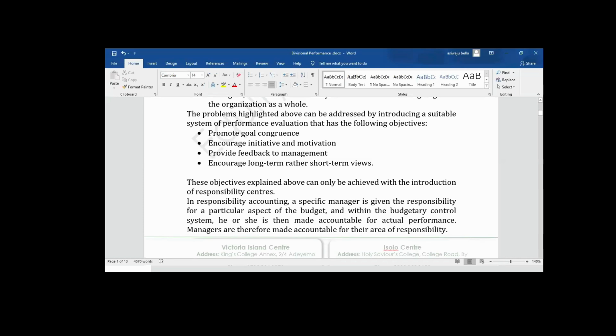Now, the question is, what is responsibility center? What is responsibility accounting? Let me start with responsibility accounting. In responsibility accounting, a designated individual, that is a specific manager, is given the responsibility for a particular aspect of the company's budget.